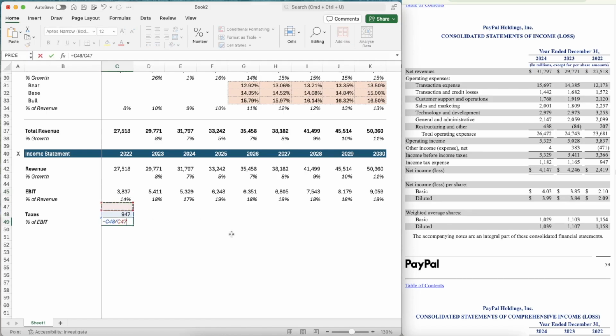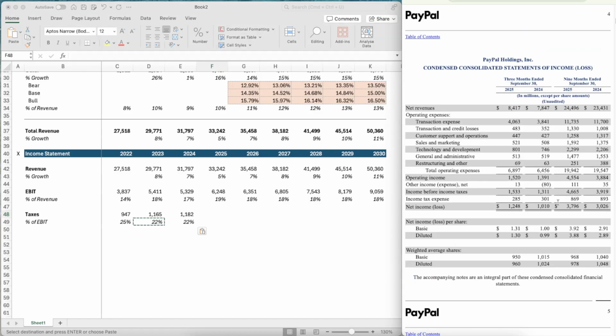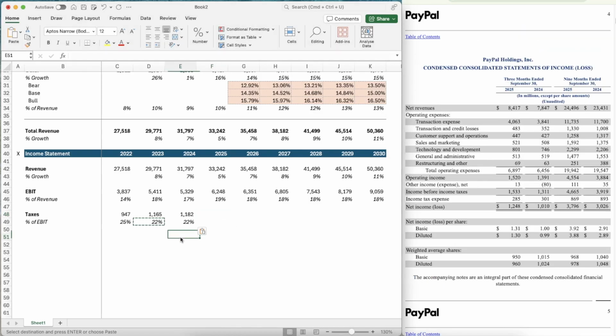What is this? Oh, EBIT. So the tax rate's about 25. 1165. 1182. Mm-hmm. Where is it? Yeah, that looks good. Divided by 893.